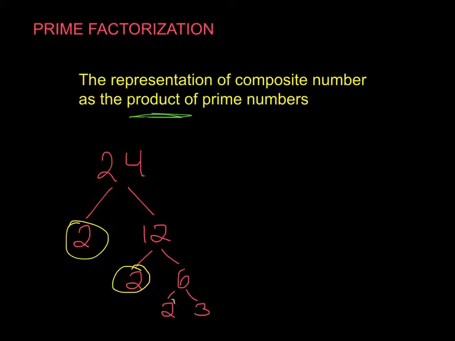I know 2 is a prime number and 3 is also a prime number. So we have the number 24 broken down into its prime numbers, which is 2, 2, 2, and 3. Those are all prime numbers that equal 24.